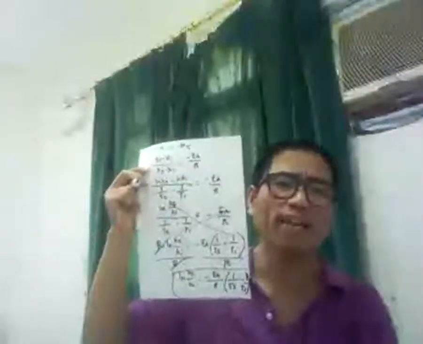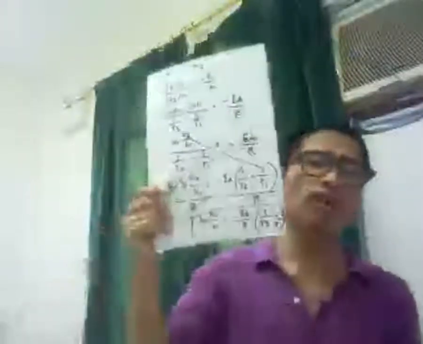Then we need to calculate K2 because most of the problems ask what is the final rate constant of this chemical reaction. So that is K2. So solve for K2 in this specific equation.